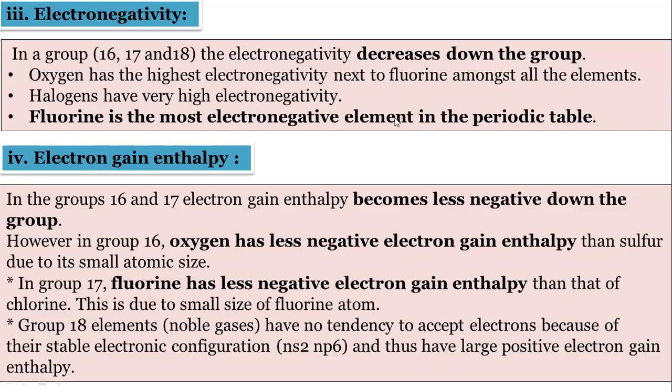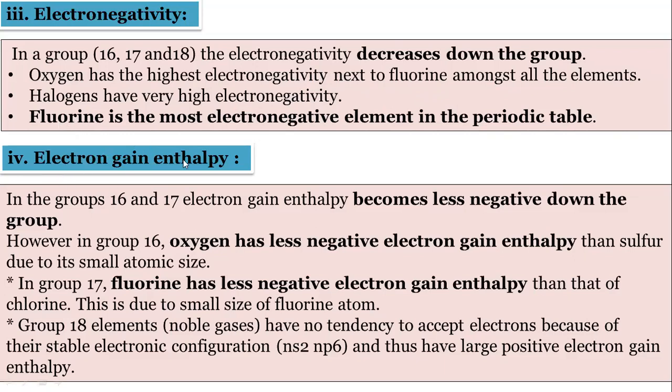Fluorine is the most electronegative element in the periodic table. Remember, this is important for the examination. Which is the most electronegative element in the periodic table? Such questions are asked for 1 mark. That's why it is shown in bold type.